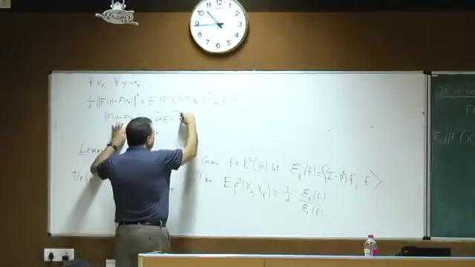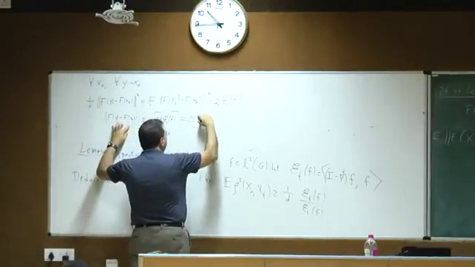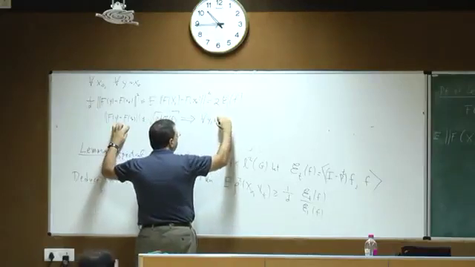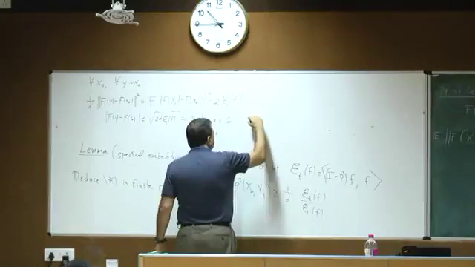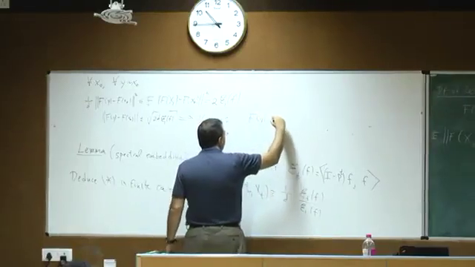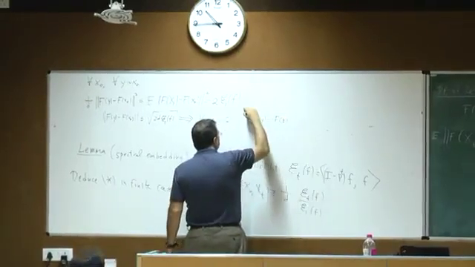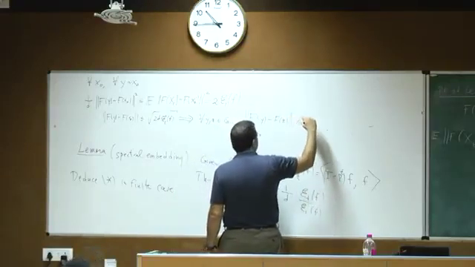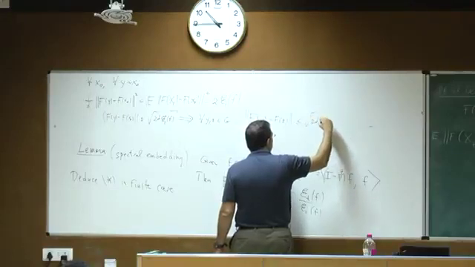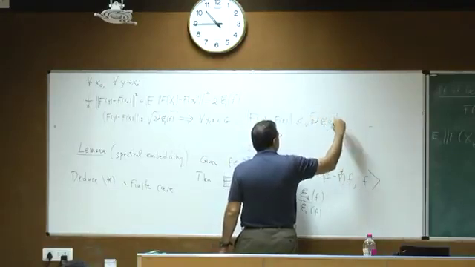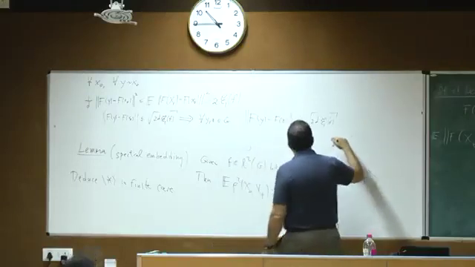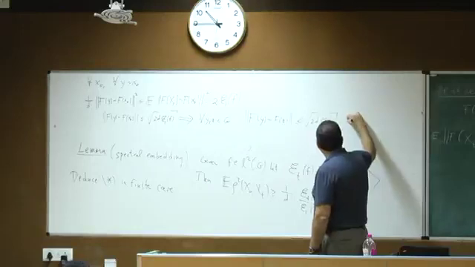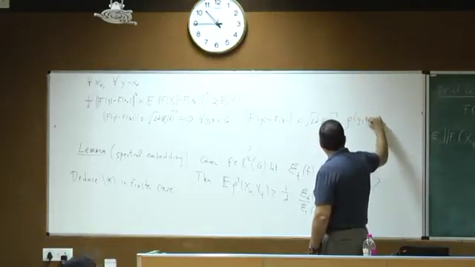So now I claim that from this I can deduce that for any y and z in the group, the norm of f of y minus f of z is bounded by this constant, root 2d E1 of f, times the distance in the Cayley graph from y to z.